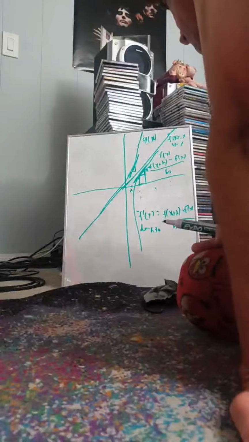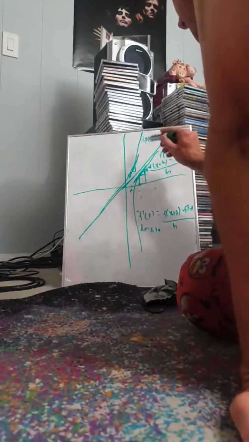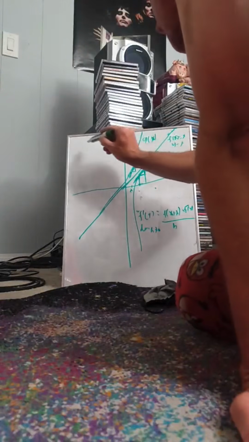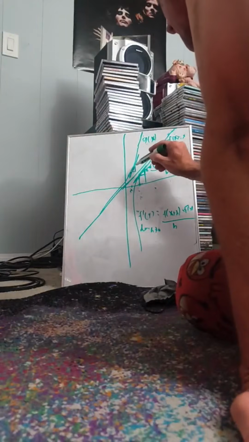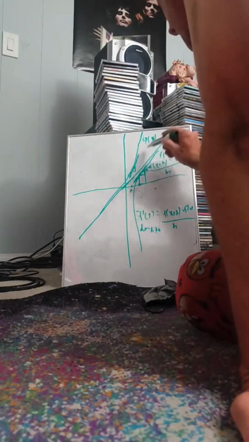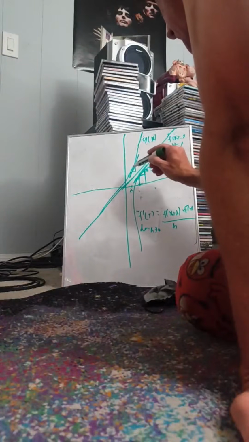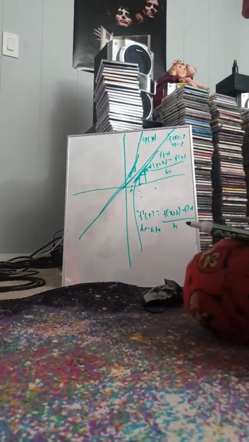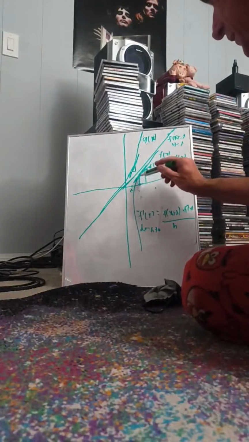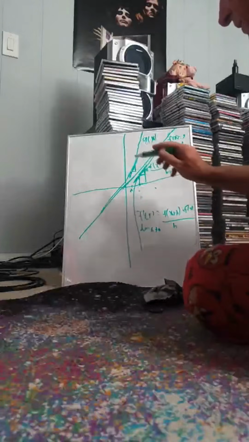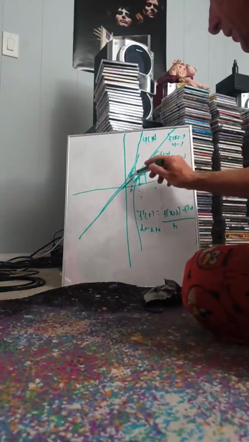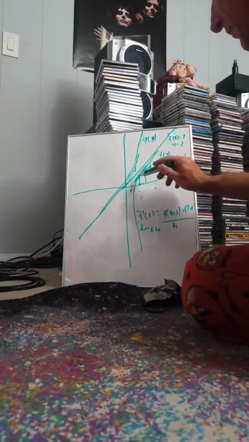So the slope of g of x is similar. Limit as h approaches 0 of g of x plus a minus g of a all over h. And then I have this one over here, and these two slopes are inverted.